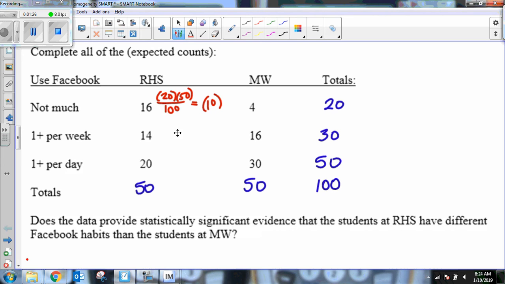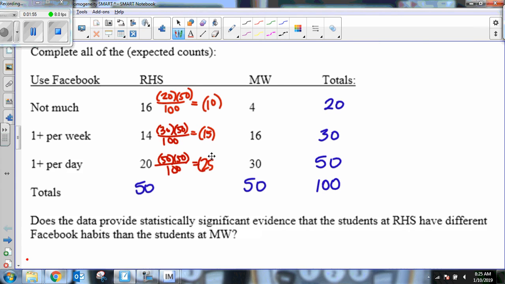This one, again, row total times column total divided by grand total, so 30 times 50 divided by 100. That gives me an expected count of 15. And last but not least, 50 times 50 divided by 100. We would get 25. Okay?